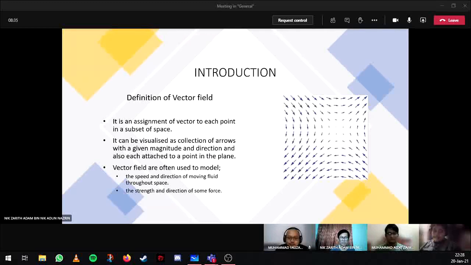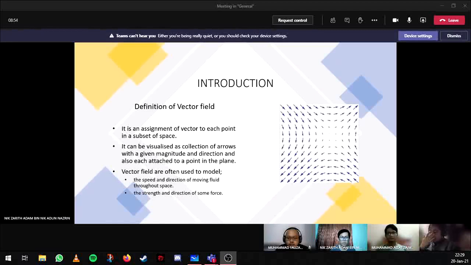This topic is about vector fields. As we know, a vector field is an assignment of a vector to each point in a subset of space. For instance, a vector field in the plane can be visualized as a collection of arrows with a given magnitude and direction, each attached to a point in the plane.